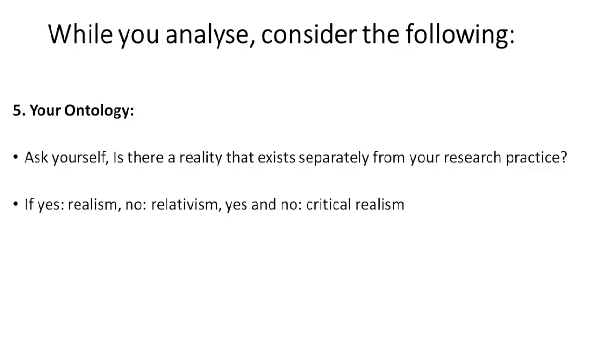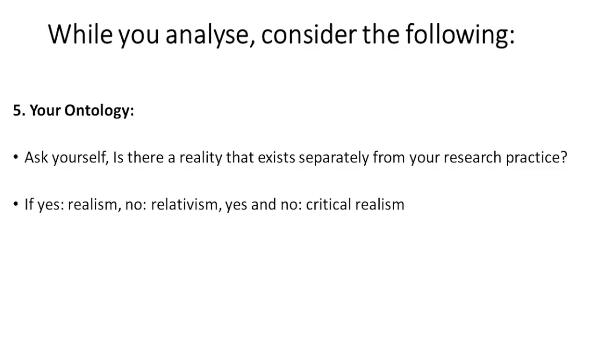So I found personally Braun and Clarke's way of thinking about ontology very useful. Basically, you need to answer the following question that they put in their book to understand your ontology. Is there a reality that exists separately from your research practice? So think about that for a second.